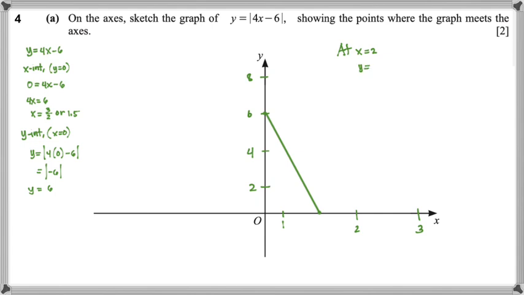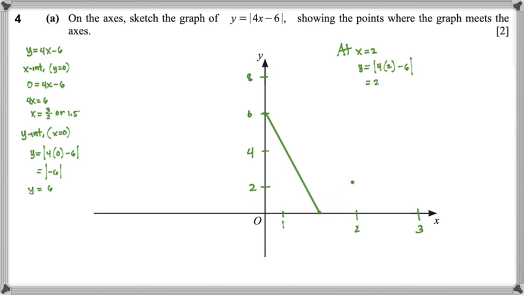So y is equal to the modulus of 4 times 2 minus 6. Just to have a better drawing, y will be equal to 4 times 2 is 8, minus 6 is 2. So y is equal to 2. So at this point, you can select around here, although it's not accurate.